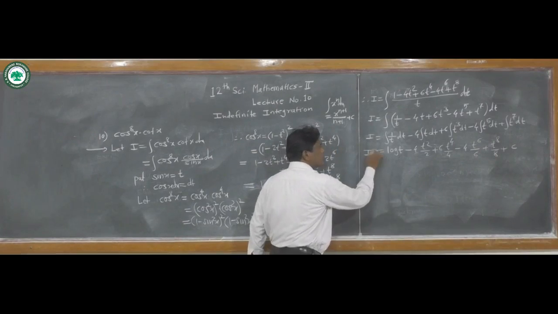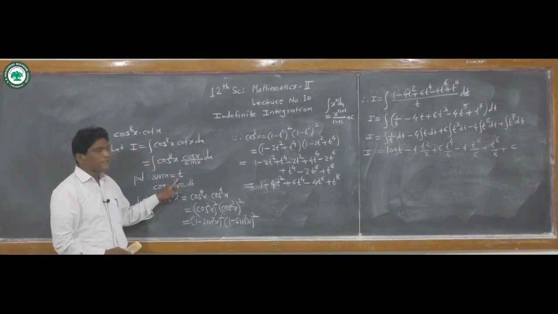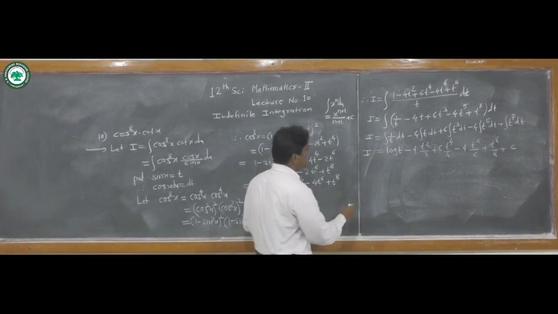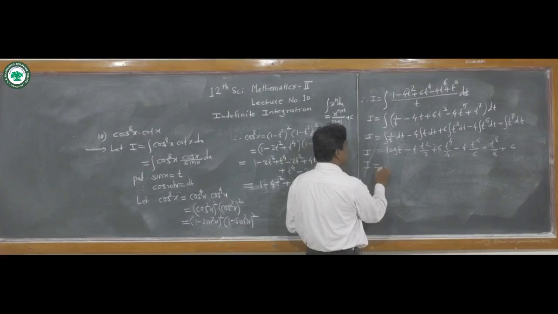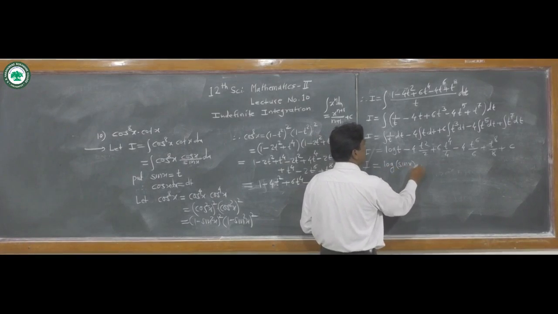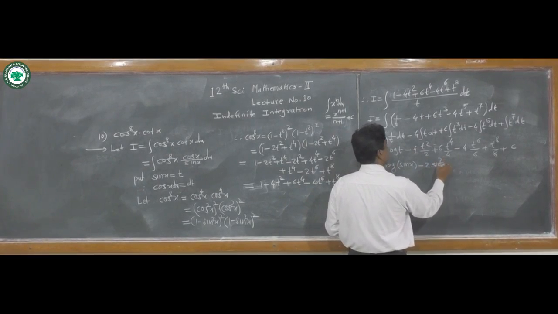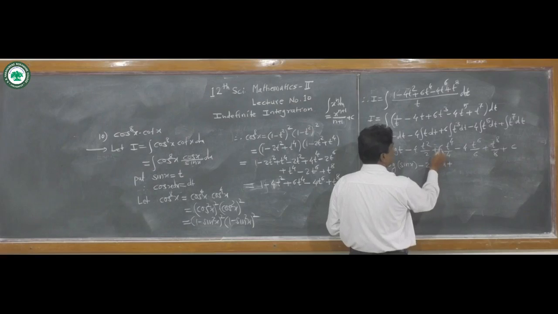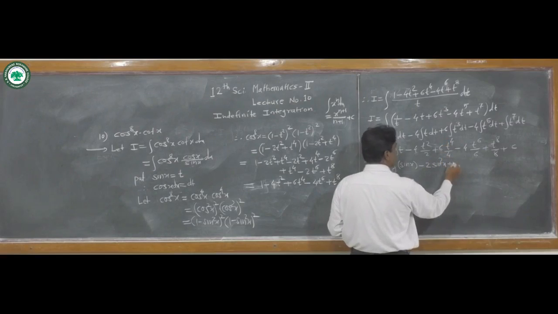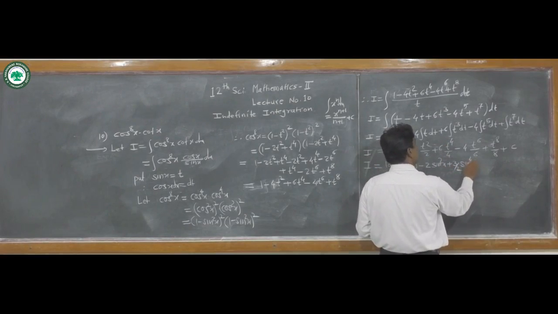And now resubstitute the value of t. Here sin x is equal to t, so we put t as sin x, and therefore I is equal to log of sin x minus 2 to the 4, so 2 into sin square x plus 2 3 is 6 and 2 to the 4, so 3 upon 2 into sin to the power 4x.